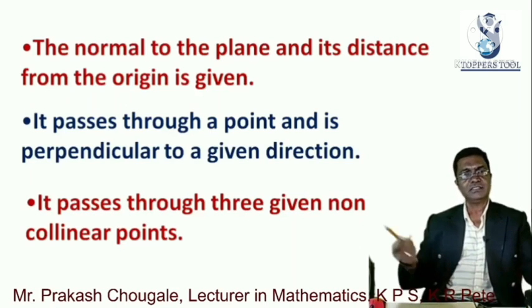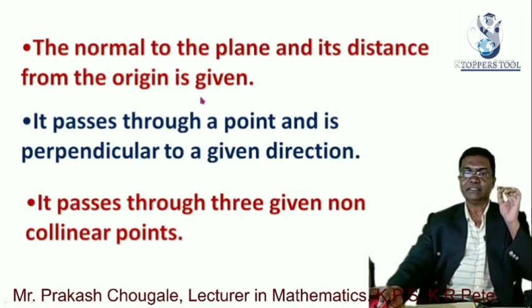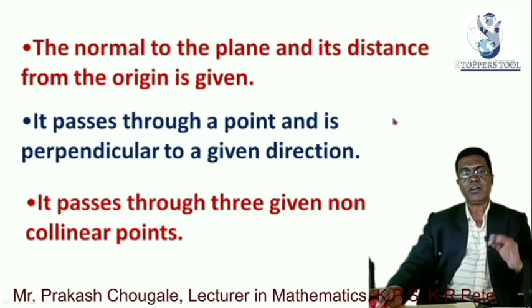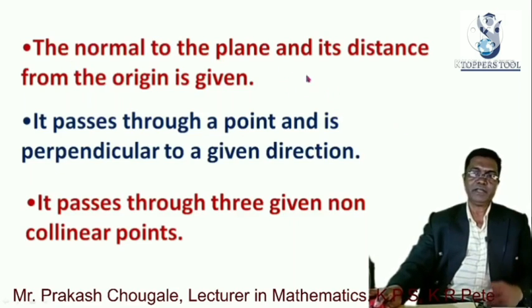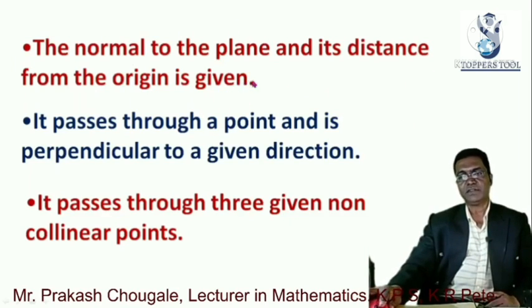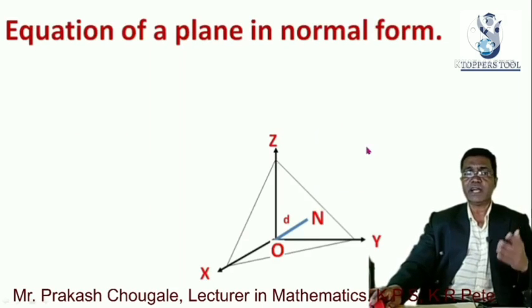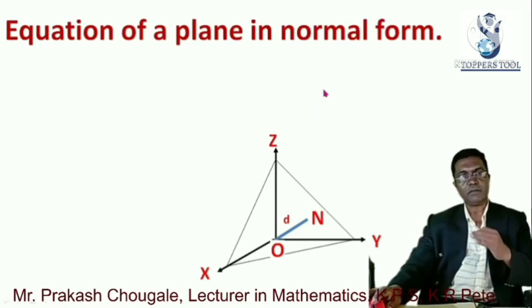So let's derive the very first equation of the plane, that is the normal form of a plane, meaning with the given information in the first case as we studied. In the exam you could be asked to derive the equation of a plane in the normal form.